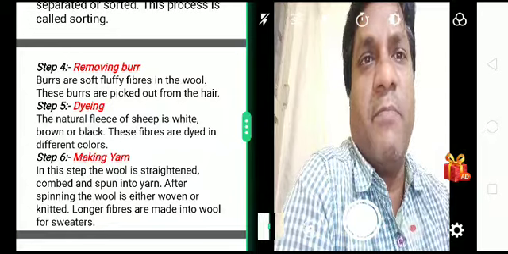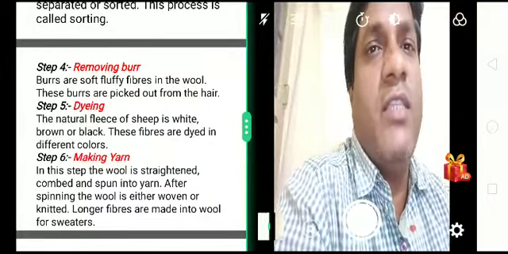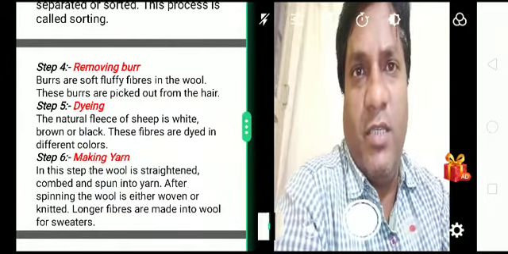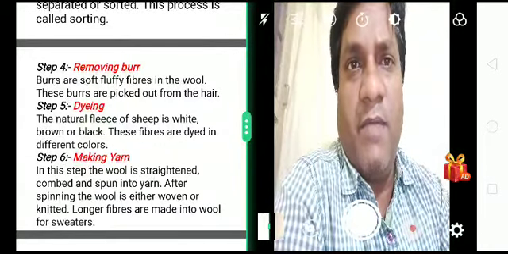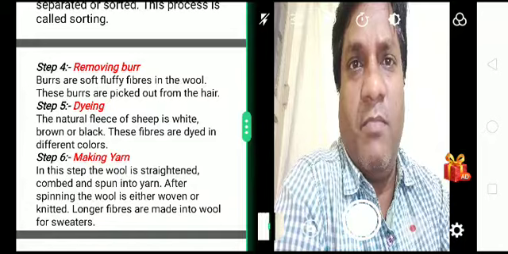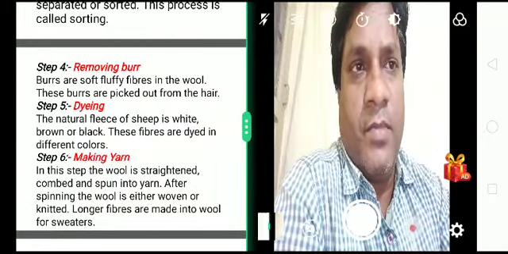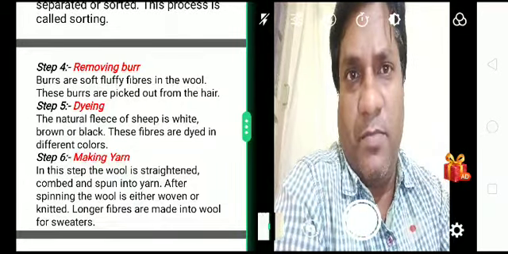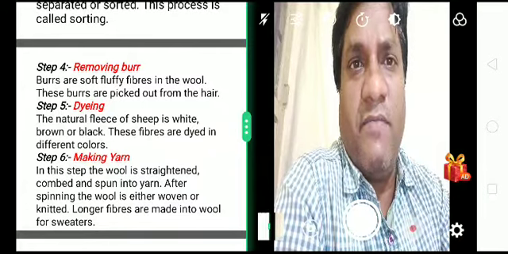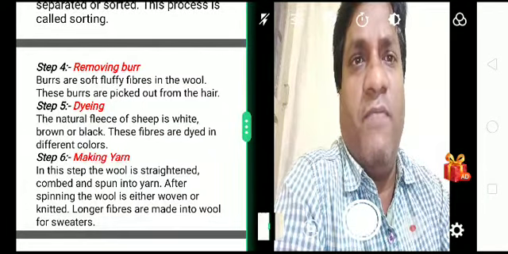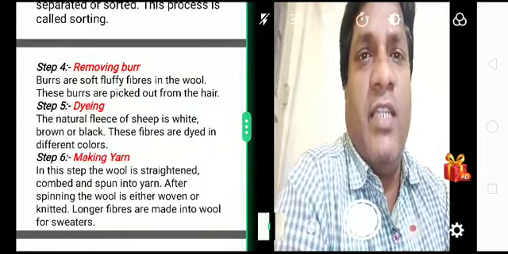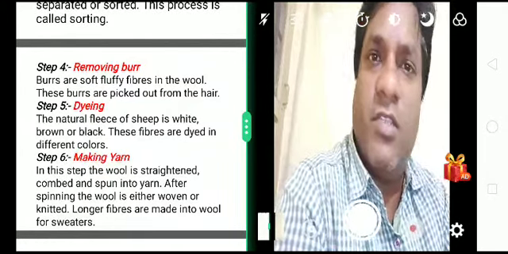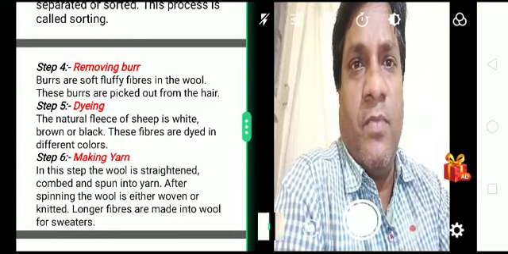These burrs are picked out from the hair because they cannot be processed into wool. The next step after removing the burr is dyeing. Dyeing means coloring. The natural fleece of the sheep is often white, brown, or black. These fibers are dyed in different colors by this process.